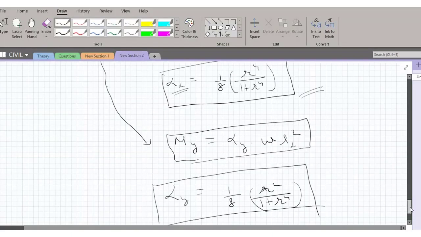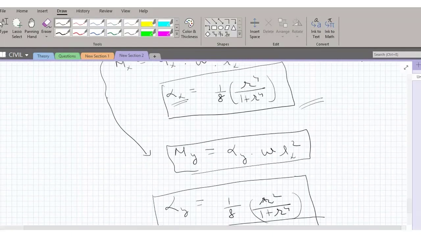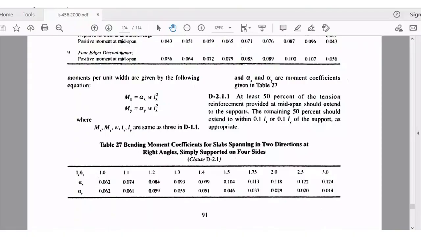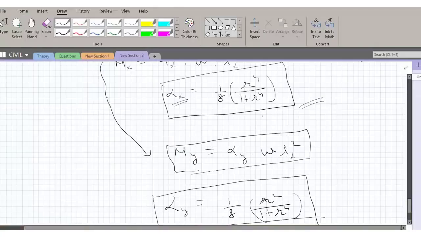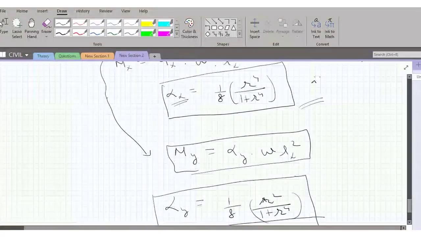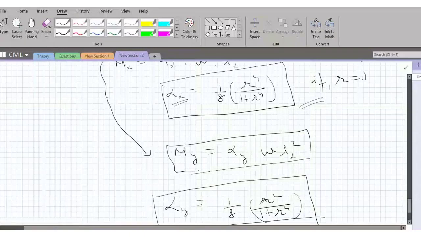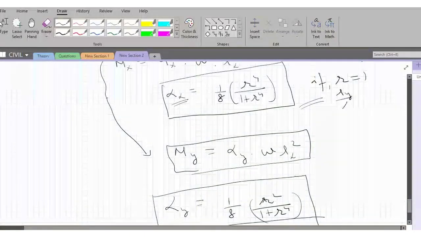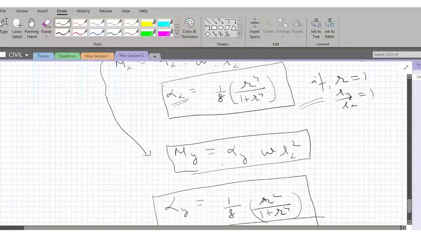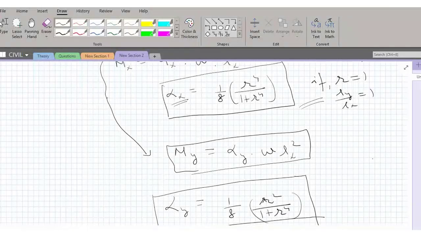Now, you take any value. If your Ly by Lx is 1, that is R equal to 1, what will be your alpha x? You substitute the value here. So how much do you get?